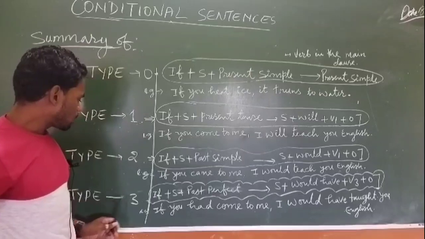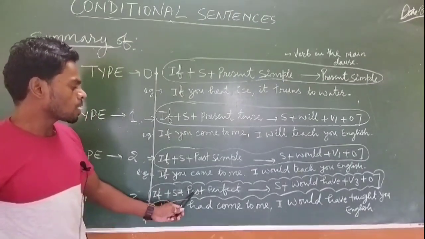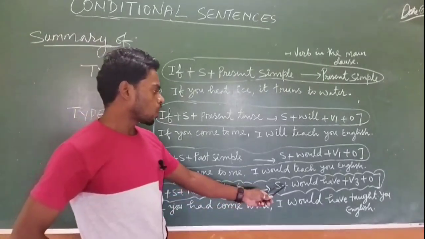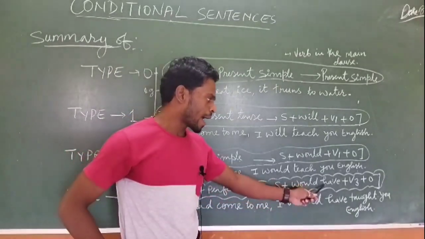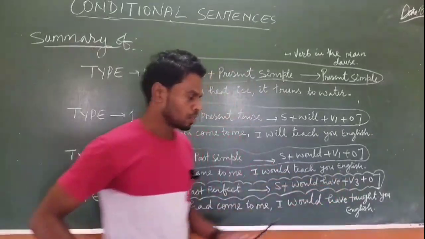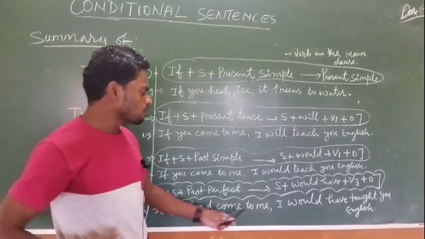Then in type 3, if, then subject, then past perfect tense, and the main clause will be subject plus would have plus V3 and the object. So just see the example: if you had come to me.